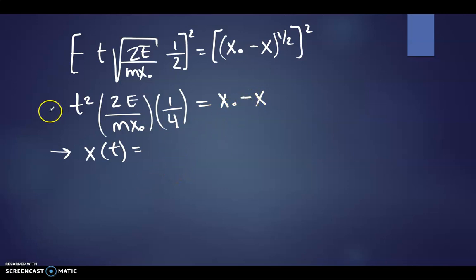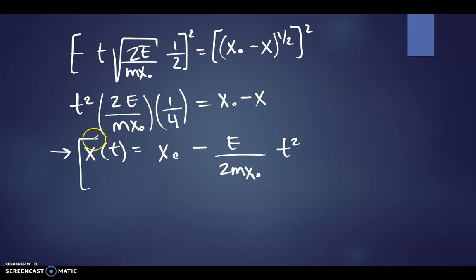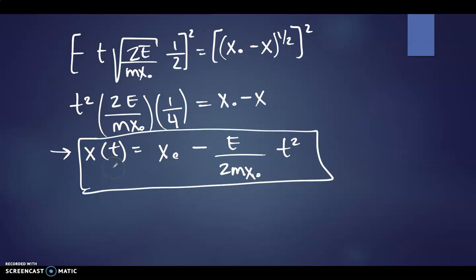So we'll go ahead and say that this is now x naught minus e over 2m x naught t squared. Okay, so this is our function in terms of time, our position function in terms of time.